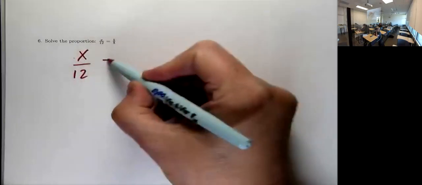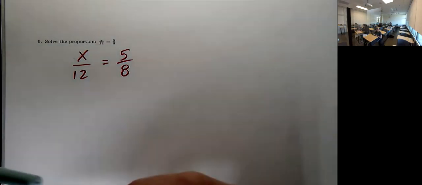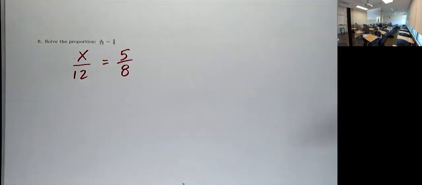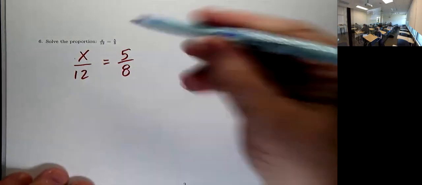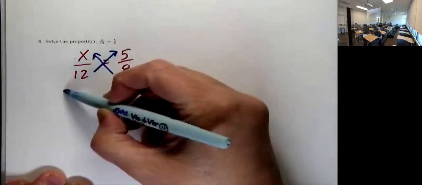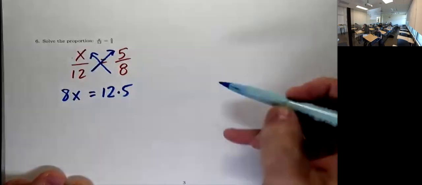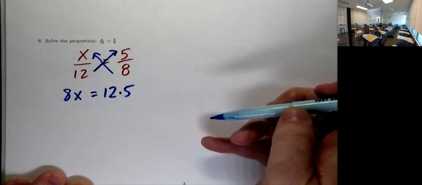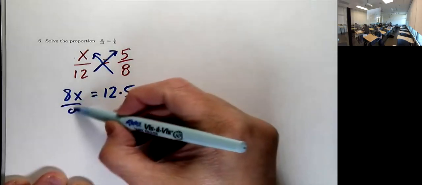This is x over 12 equals 5 over 8. When we're solving for proportions, we can cross multiply. That gives me 8 times x on the left and 12 times 5 on the right. Finally, if I want to get x by itself, I divide by 8.